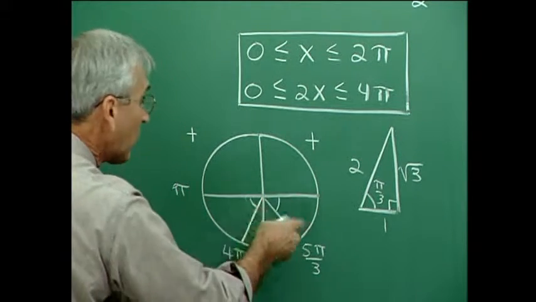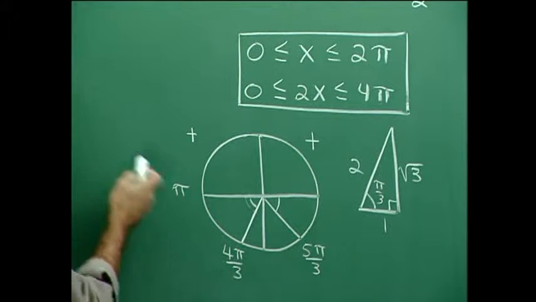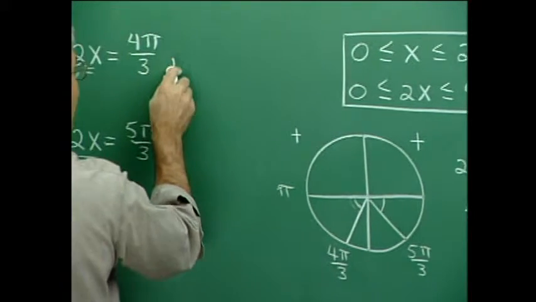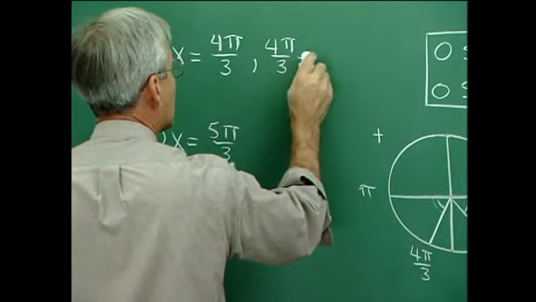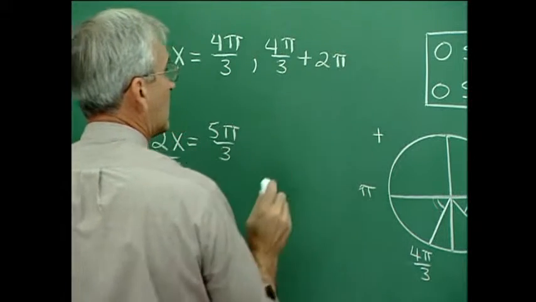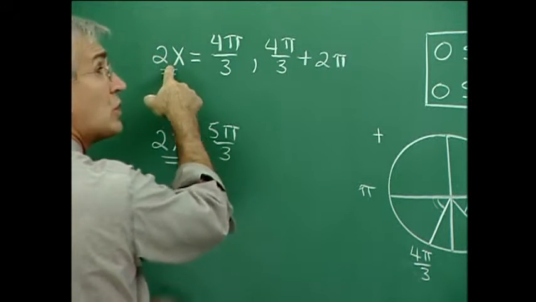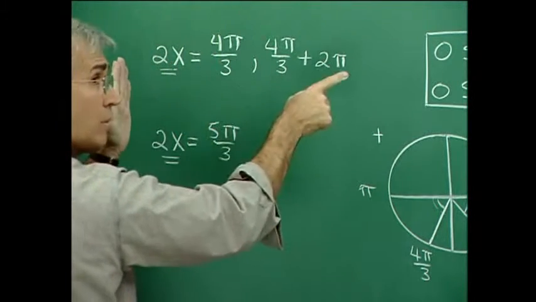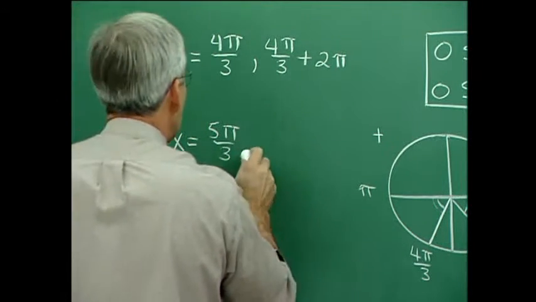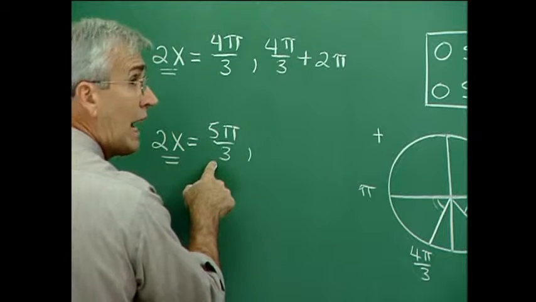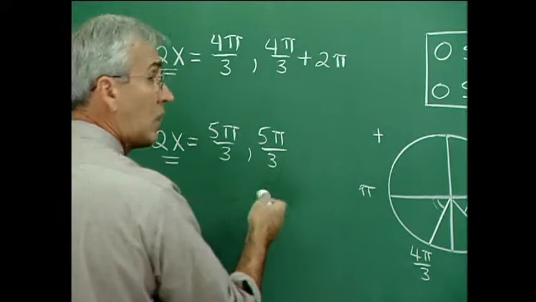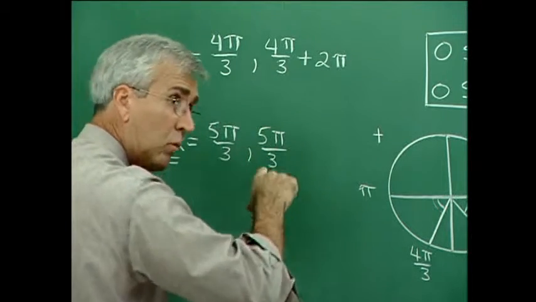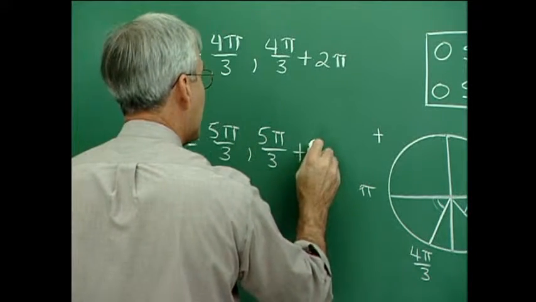So I've got 4 pi over 3, and another answer, which is 4 pi over 3 plus 2 pi, for this 2x to go from 0 to 4 pi. Okay, now, associated with this one, I have this angle, and the angle coterminal with this one one more time around the circuit. So I have plus 2 pi.